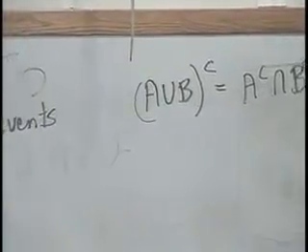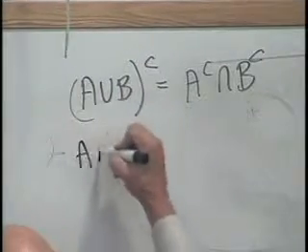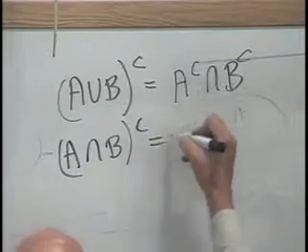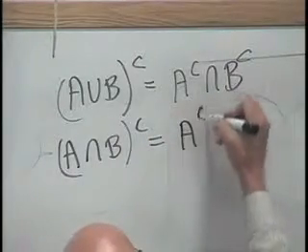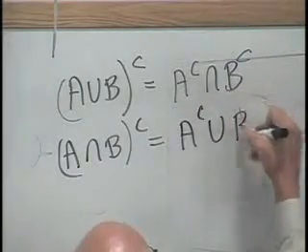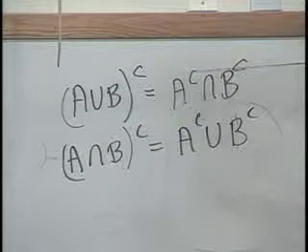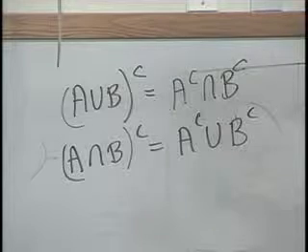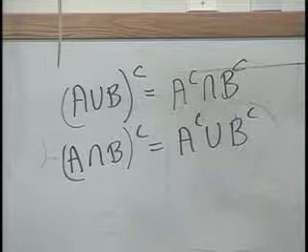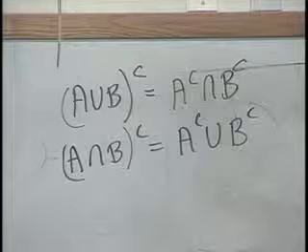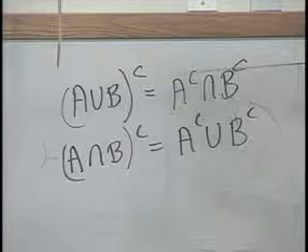And the second one is very similar. It says if you take the complement of the intersection of 2 events, that's the same thing as the union of the complements. So the rule is if you pull the complement inside, you have to switch intersection to union or vice versa. Okay, so let's look at this in the context of pure logic.